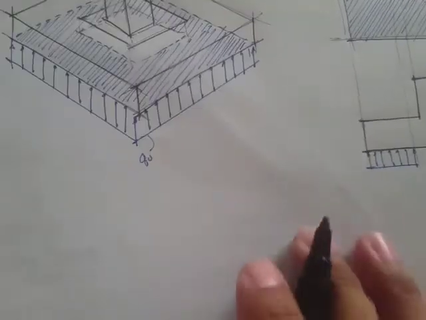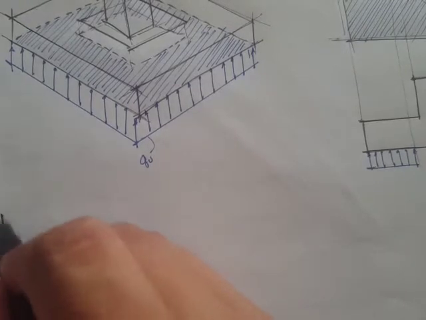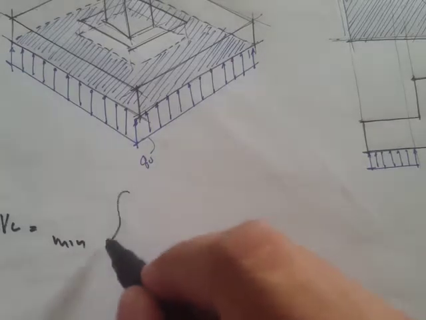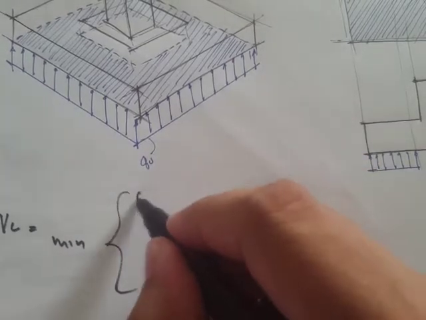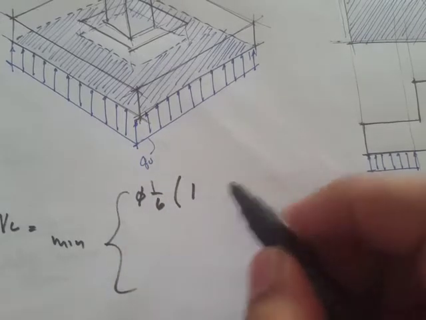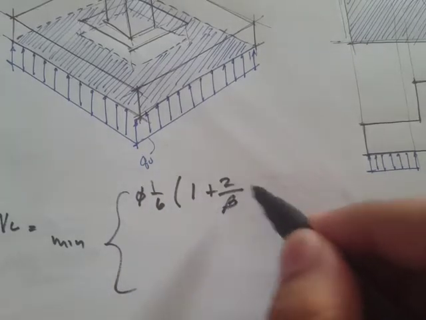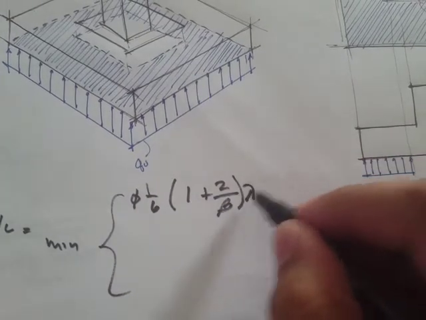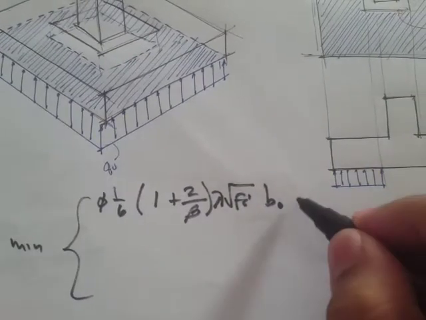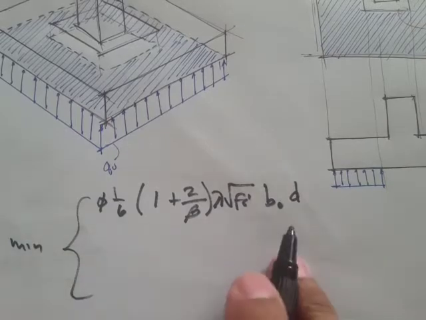Now for the capacity of concrete, it's actually given in three conditions. The first one is phi times 1/6 of 1 plus 2 over beta times lambda and then the square root of fc prime times b sub o d. So that's the first condition.